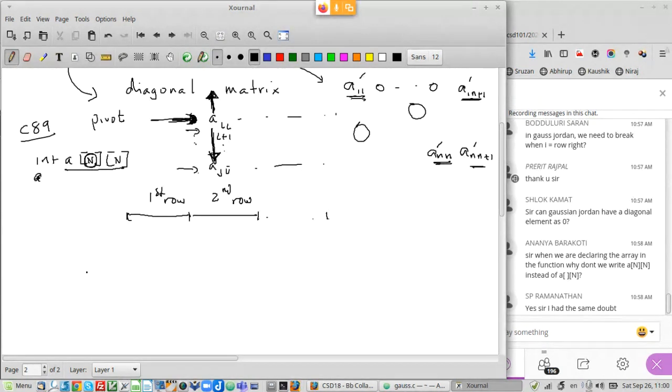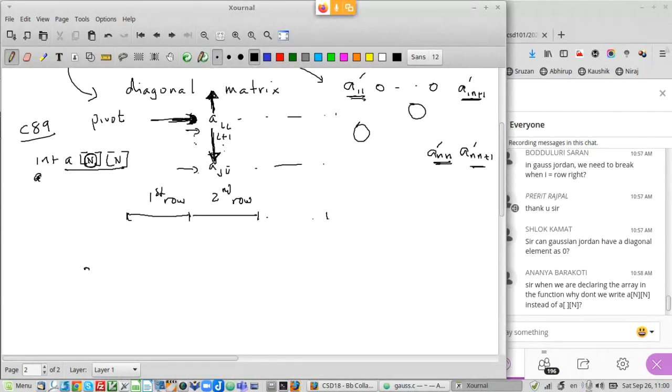When you're calling the function, okay, so you're passing it into some function f, then you can pass the thing just as a, right? So this array need not be completely filled.